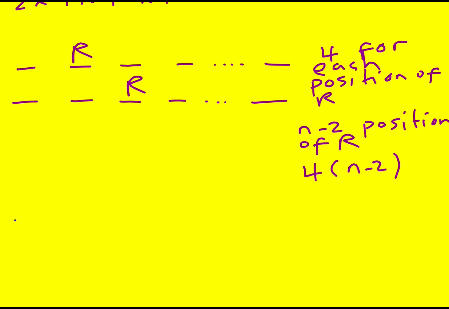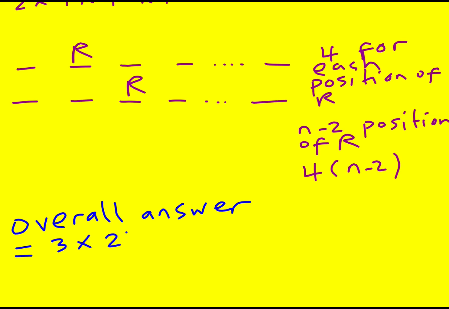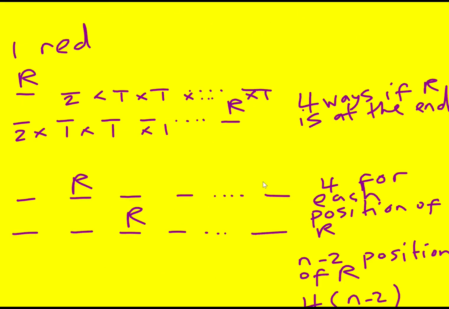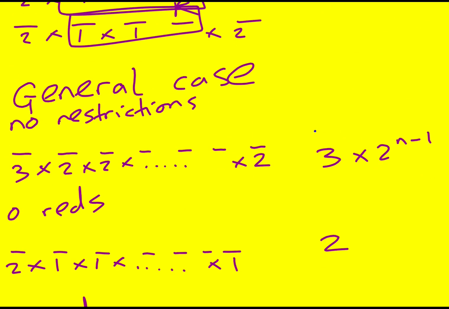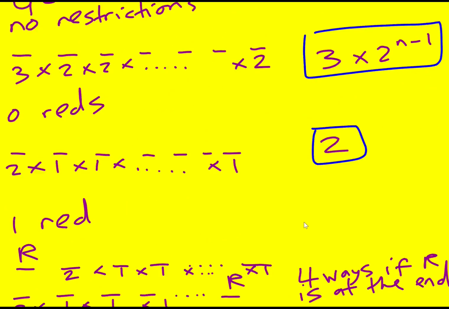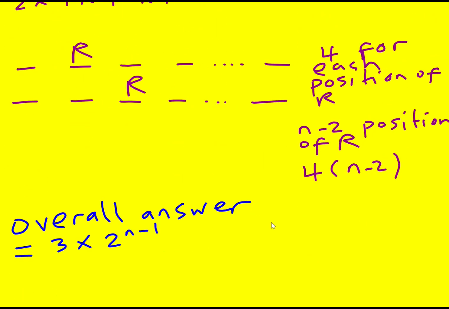So we're there actually. The overall answer is going to equal 3 times 2 to the n minus 1. That was when we had no restrictions, all the way back up here. Then I'm going to minus 2 from it for all the situations where we get 0 reds.